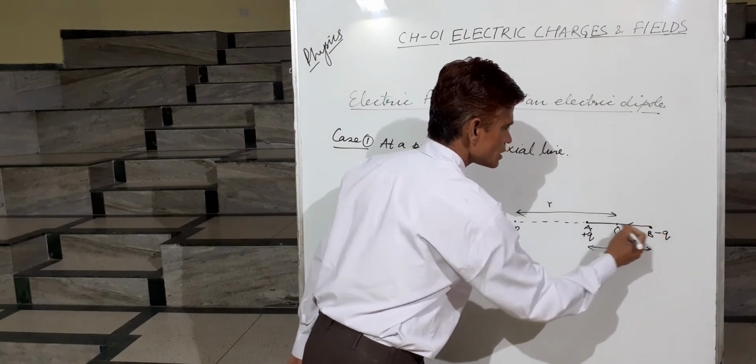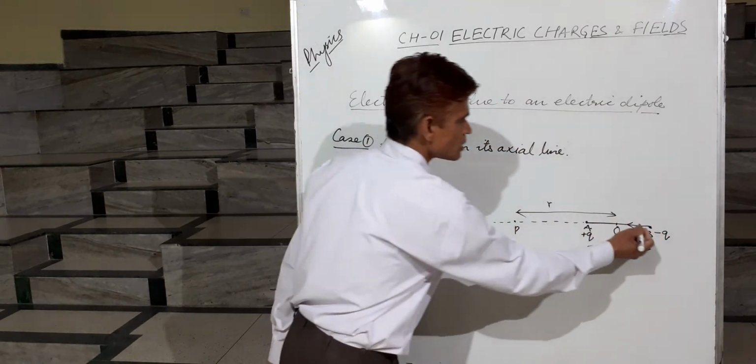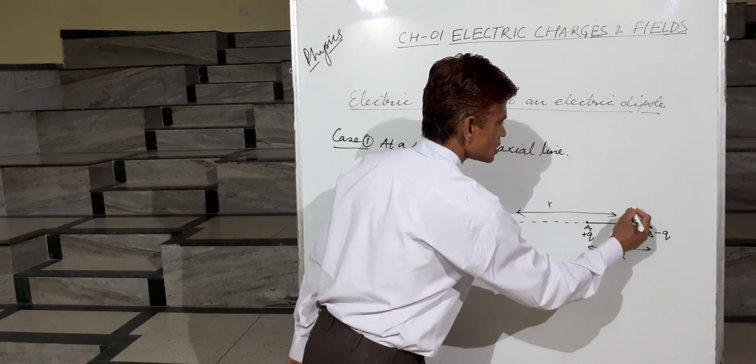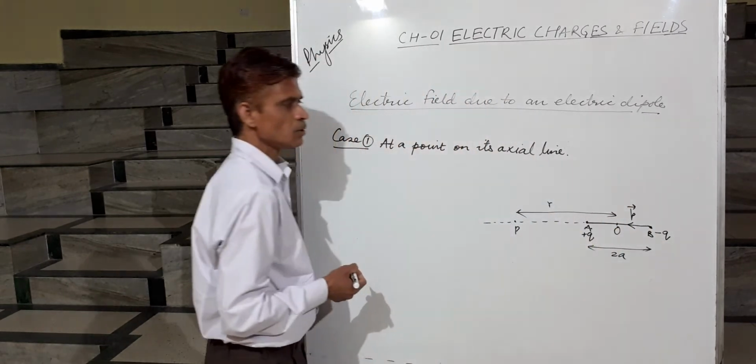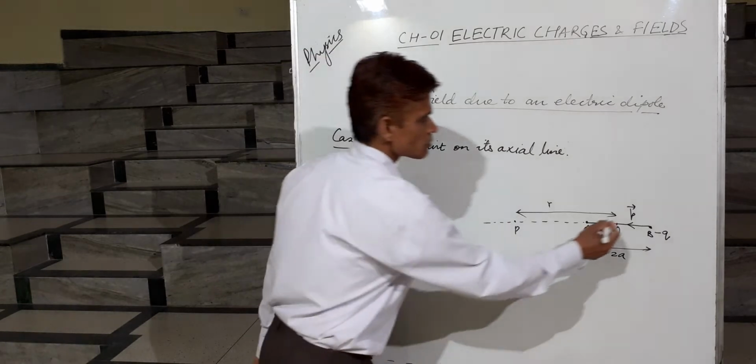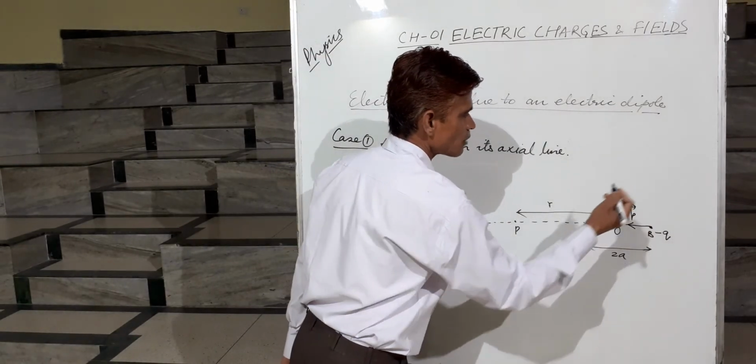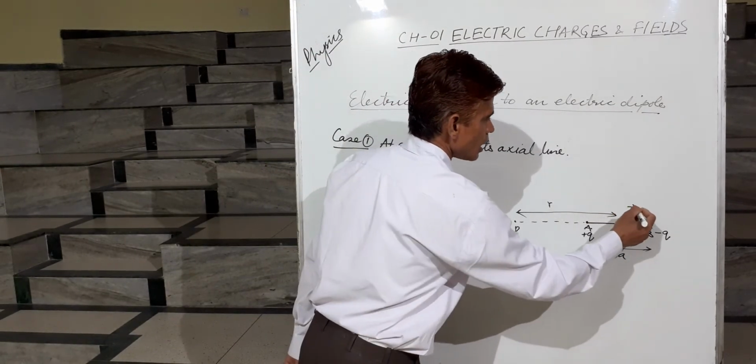As I discussed earlier, it will be minus q to plus q. So this is the direction of the electric dipole moment vector.